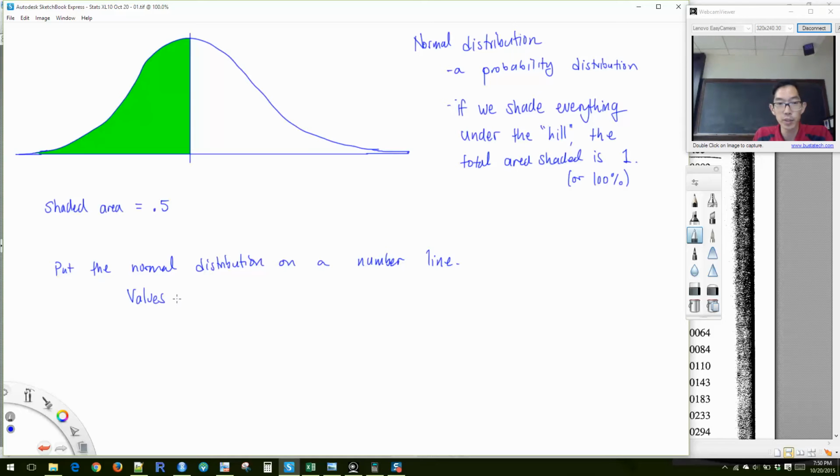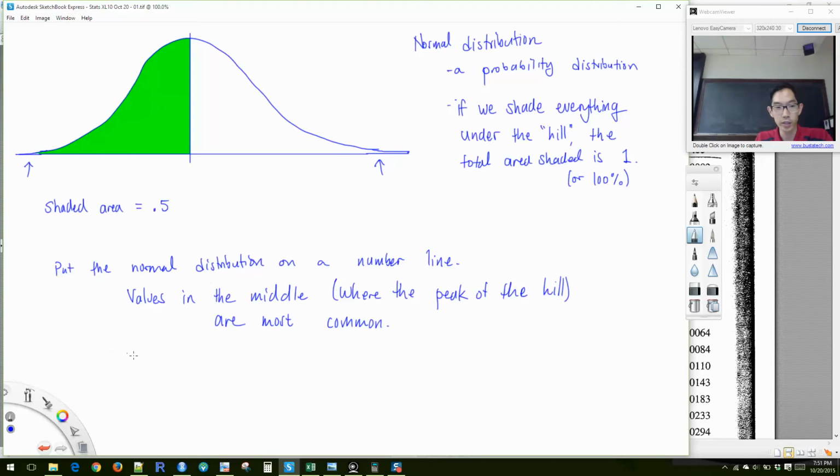So values in the middle, this is where the peak of the hill is, are most common. Values out here and out here are very rare, okay? So values far away from the middle are rare.